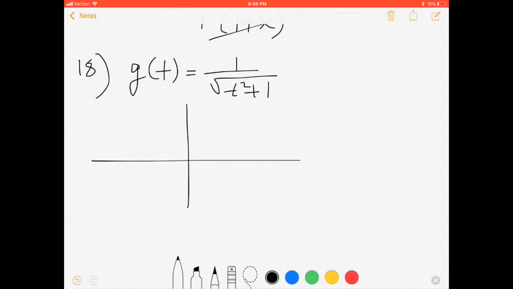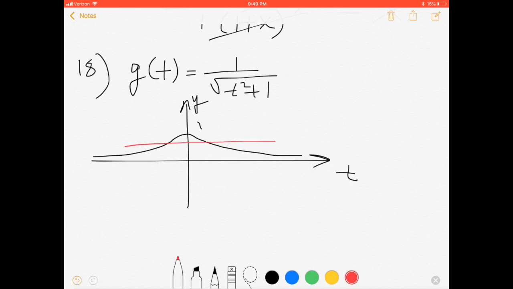If you try to make its graph, with x and t and here y, we have something like this. Where's 1? And you can easily check the horizontal line test: any horizontal line that intersects our graph intersects it at more than one point.